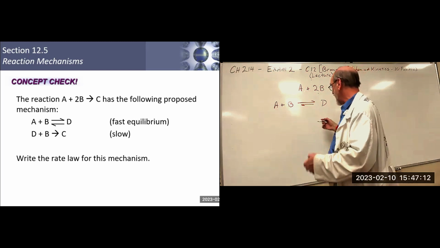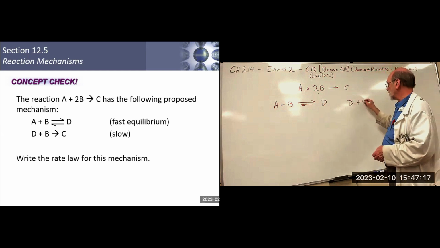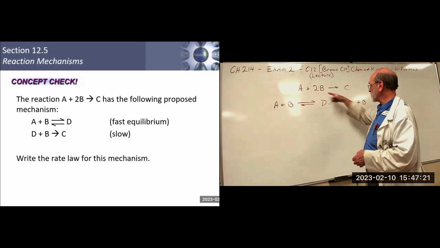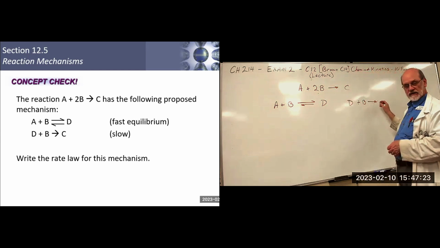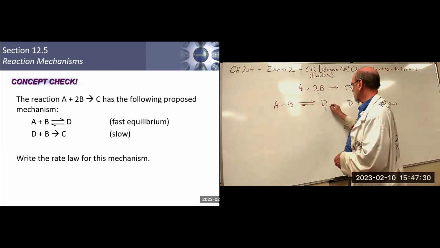And then that D reacts with another B, and yields C. So this one is slow. This one's fast.